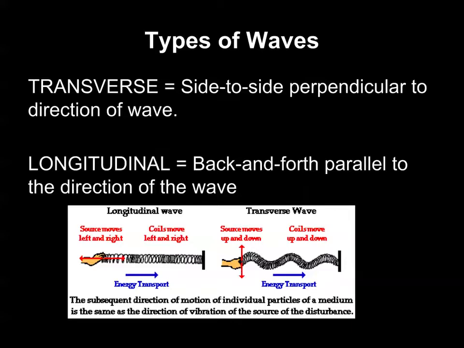Like if you took a slinky and moved the slinky perpendicular to the length of the slinky, that would be a transverse wave. It's a side-to-side motion perpendicular to the direction of the wave.